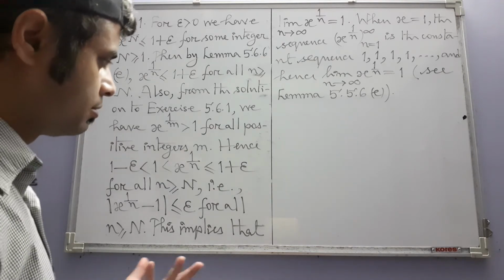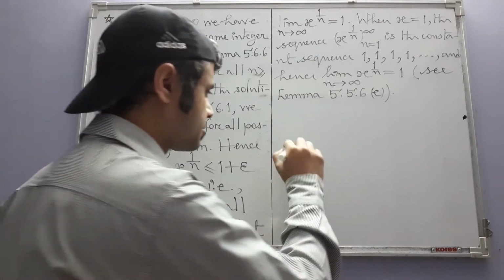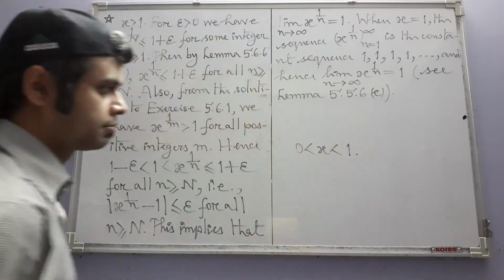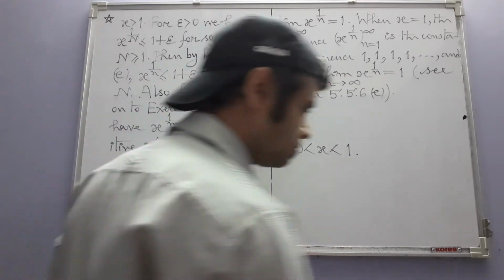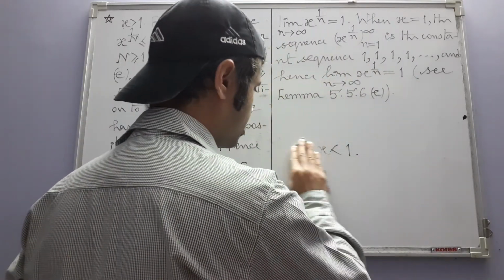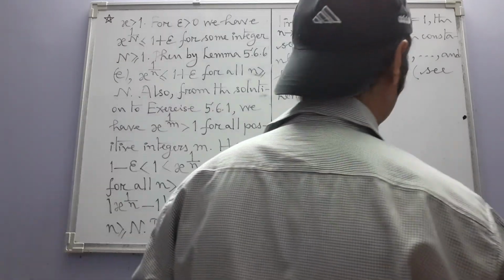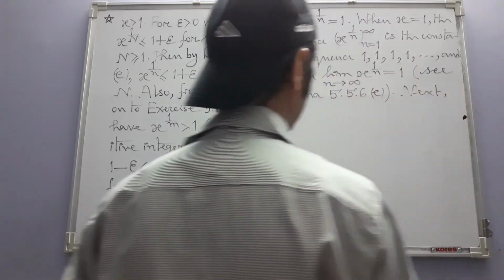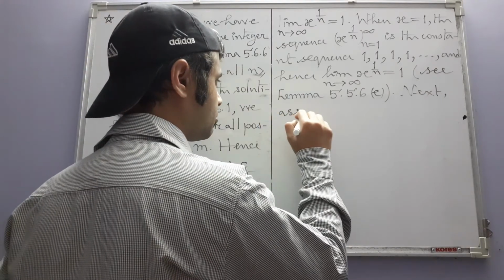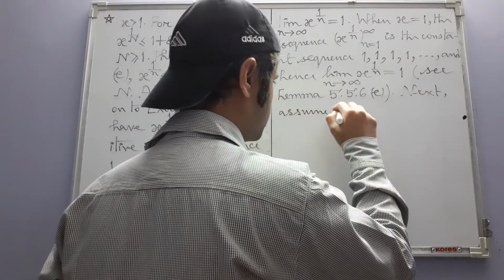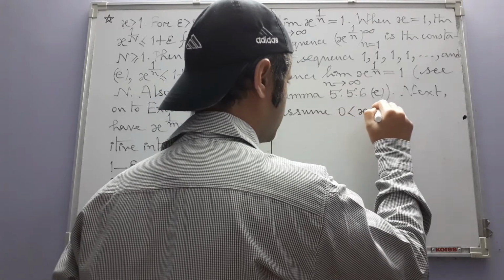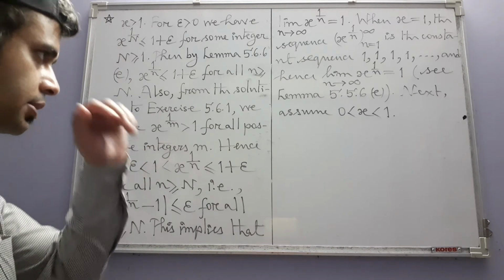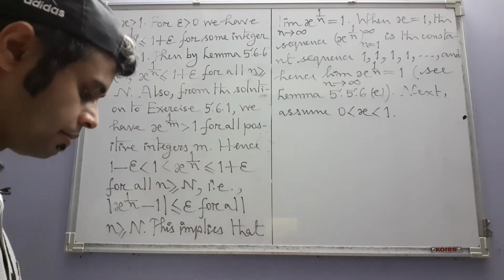So now the case that is left for us is this. So we are now going to assume these inequalities. Next, assume that 0 is less than x, of course, that is true always, but x now is less than 1.